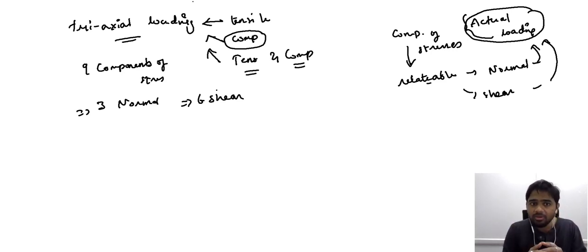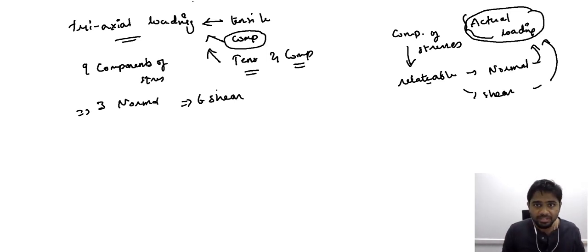But in the generalized case, the triaxial stress can also include compressive loading, and it is possible for us to describe the components of stresses for a combination of tensile and compressive, and also compressive loading alone.